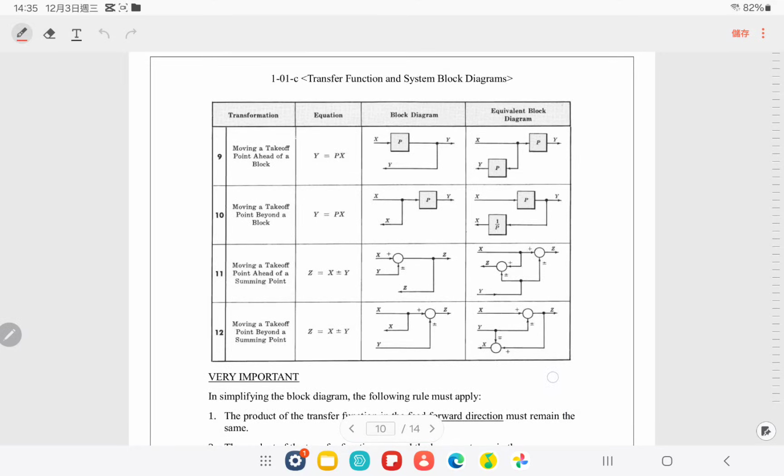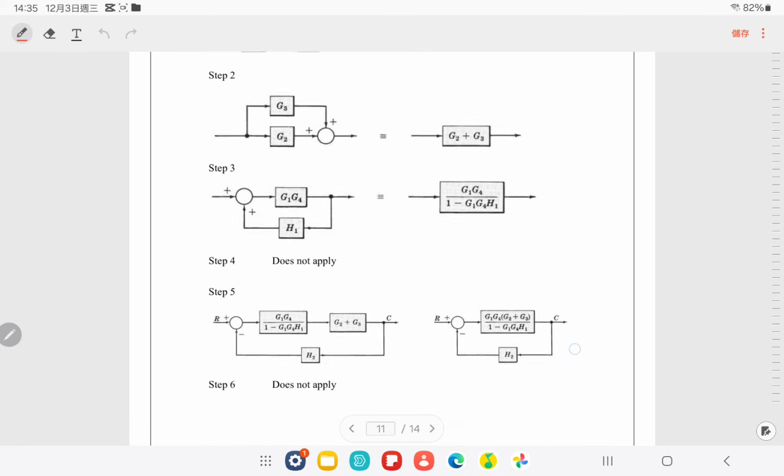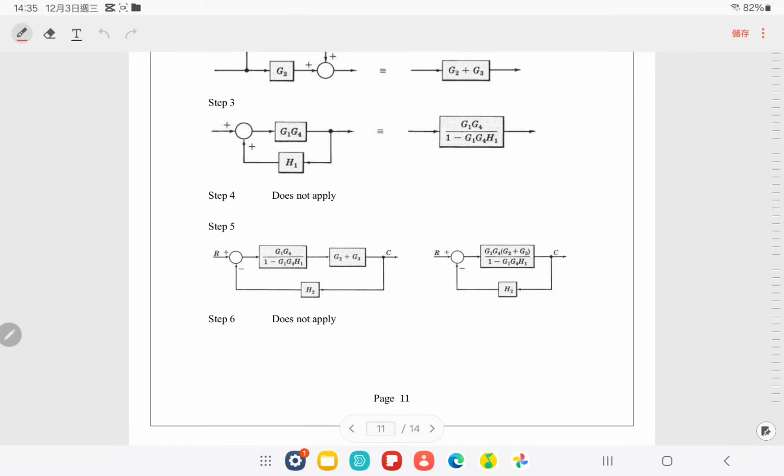I will not go through this. For this lecture, I just want to point out what is important and what is not important. So brush up this technique. For example, you just go through this step 1, 2, 3. It just gives you a sense of what you should do for block diagram simplification.